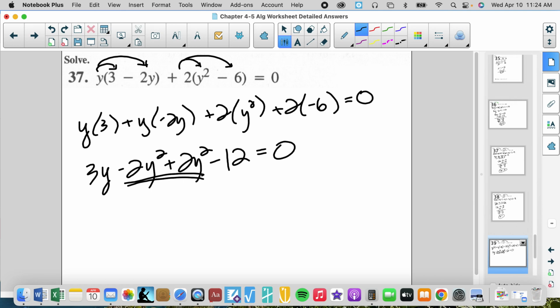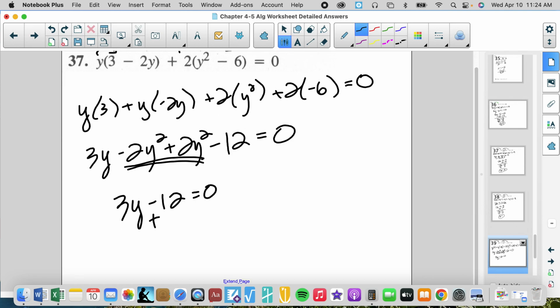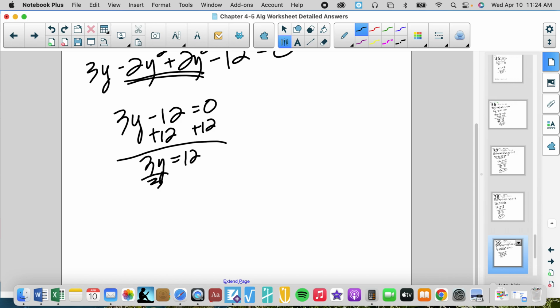These are the only like terms, and they're going to cancel, which leaves me with 3y minus 12 equals 0. We're going to add 12 to both sides. 3y equals 12. Divide by 3, y equals 4.